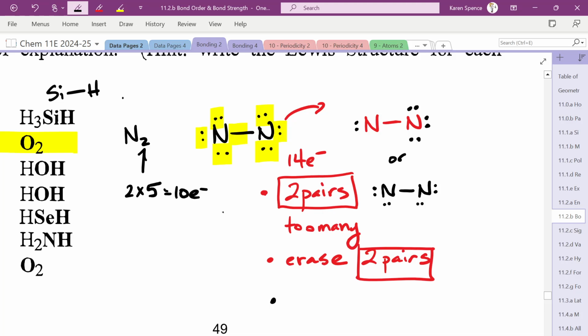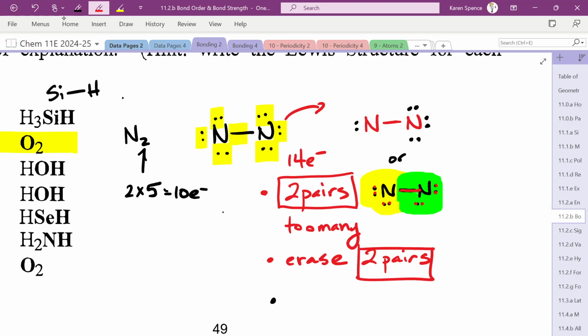Now you're going to have problems with having the correct number of electrons. Nitrogen over here has only 2, 4, 6 electrons. Nitrogen over here has only 2, 4, 6 electrons. Everybody needs to have 8 electrons.